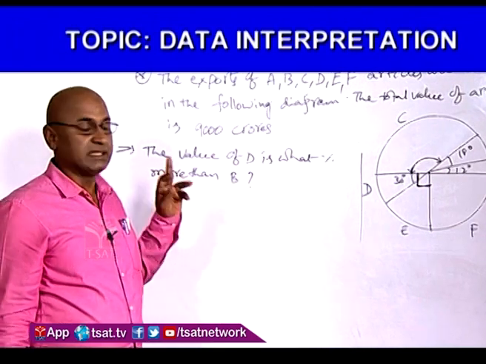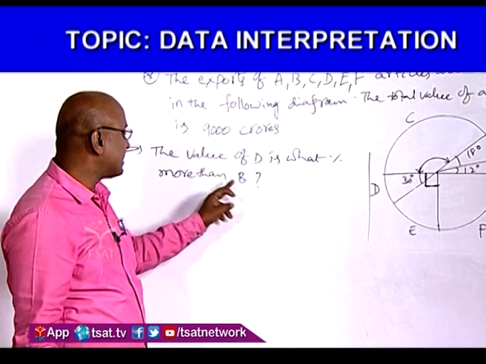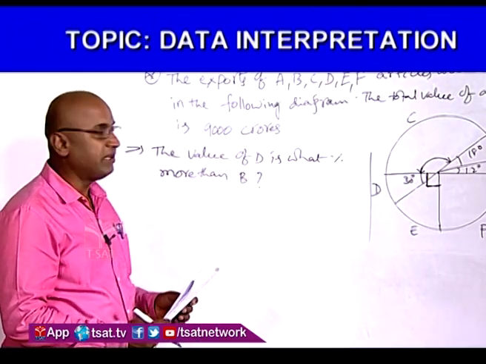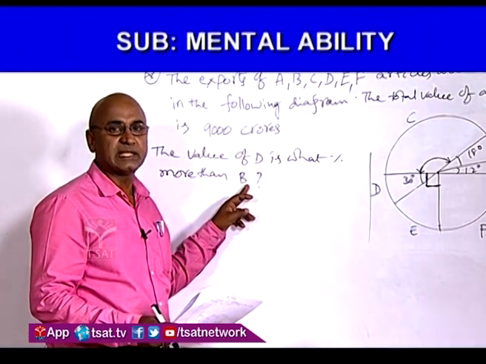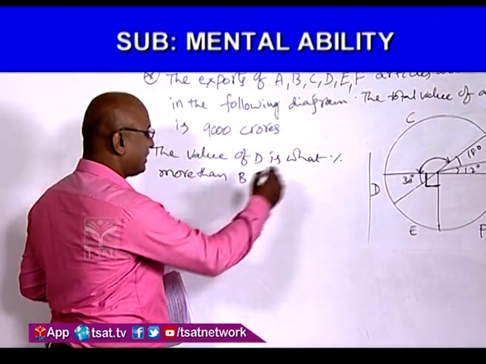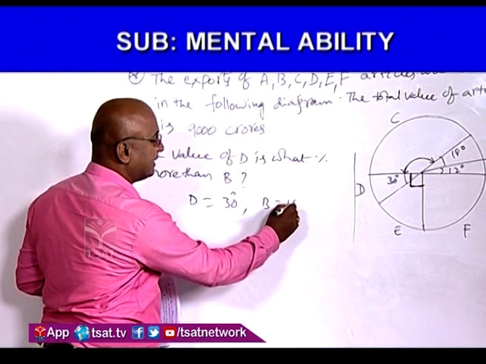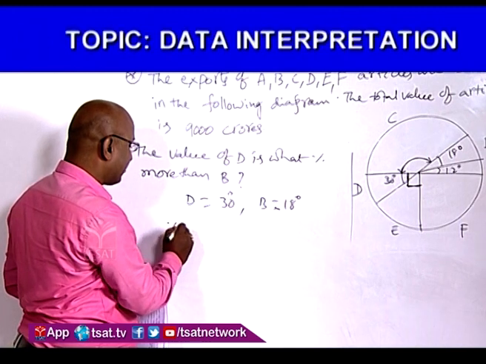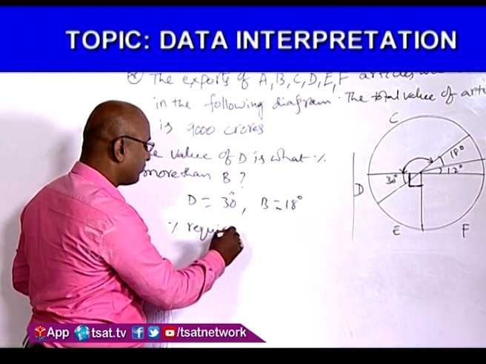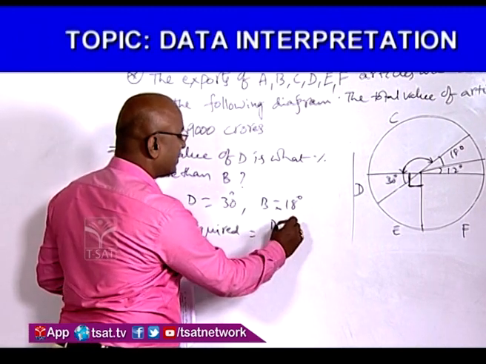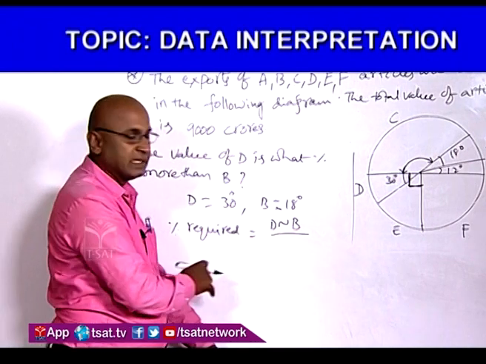Right, the next problem is like this. The value of D is what percent more than B? So D is equal to 30 degrees and B is equal to 18 degrees. So the percent required is equal to the difference of D and B, by comparing value B, into 100.